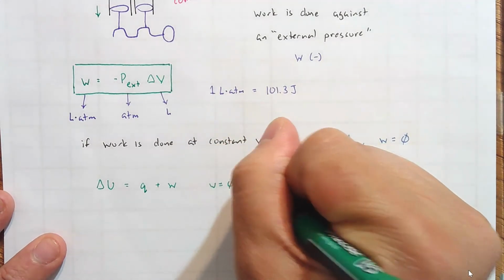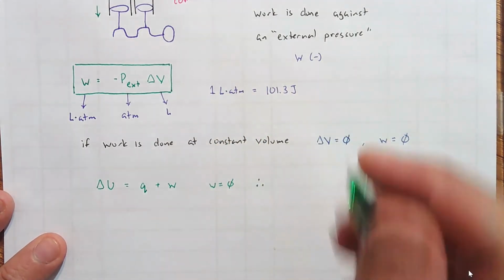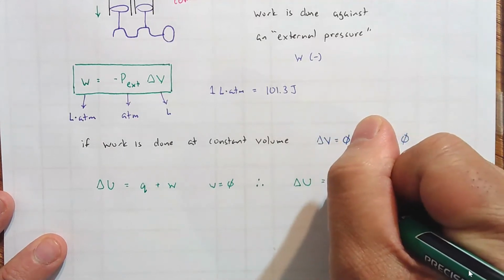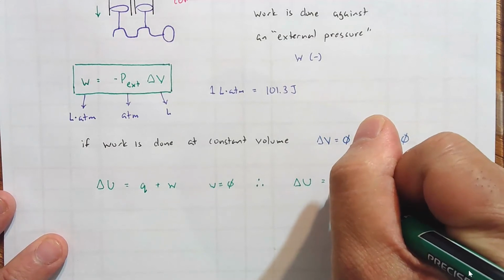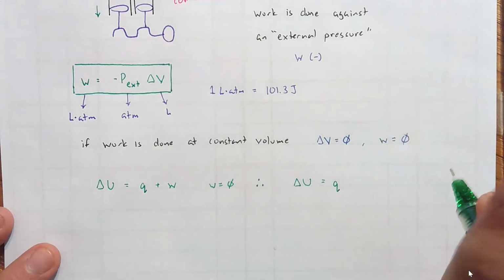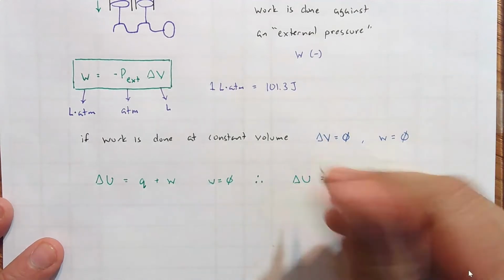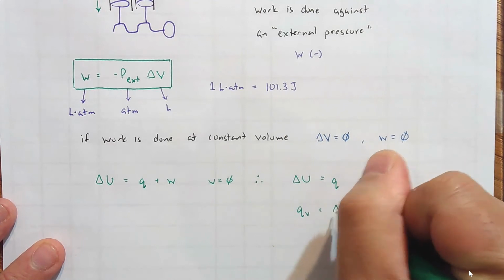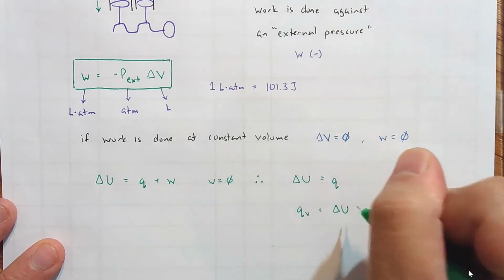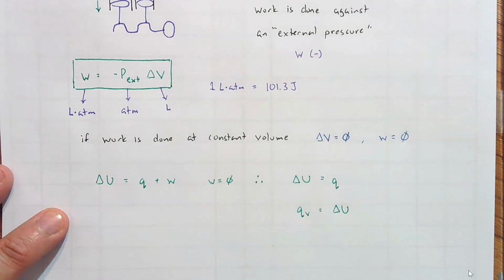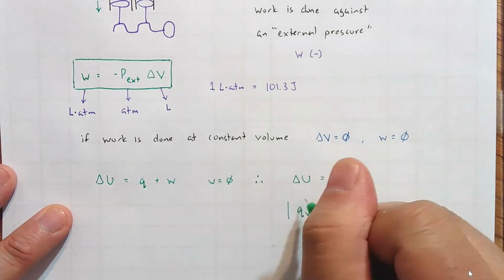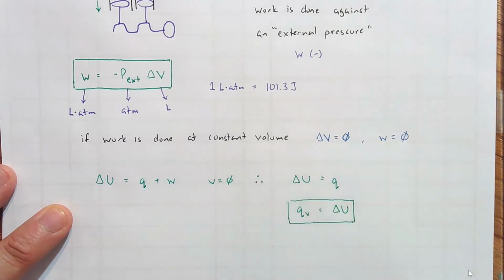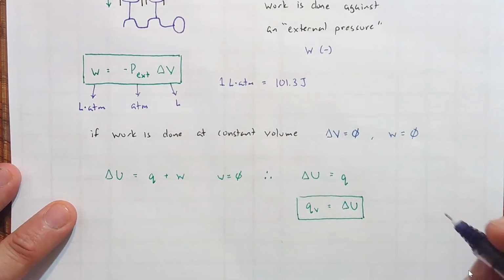So therefore, delta U, internal energy, equals just Q. And most often you would write Q V equals delta U, internal energy. And again, this one is important. And what does that little v stand for? That little v stands for constant volume.